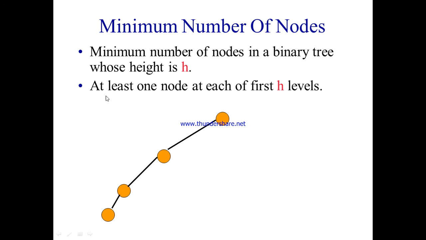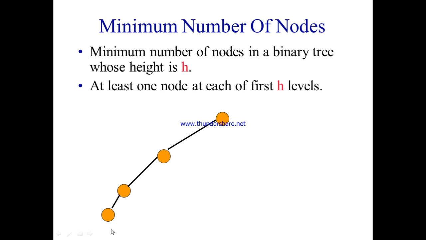If the tree has height h, here h equals 4, then 4 levels means at each level I should have one child. One child here, next child, next child. This is level 1, level 2, level 3 and level 4.